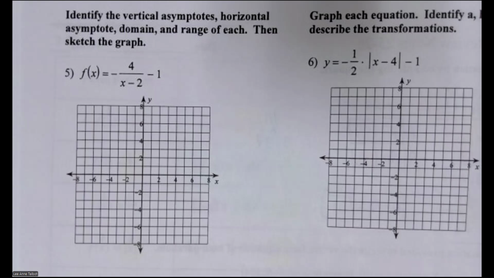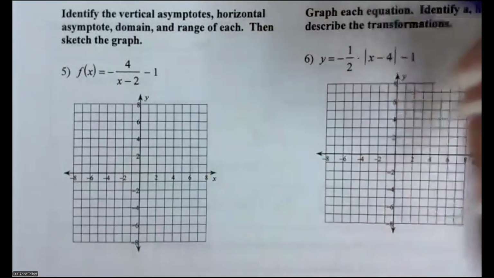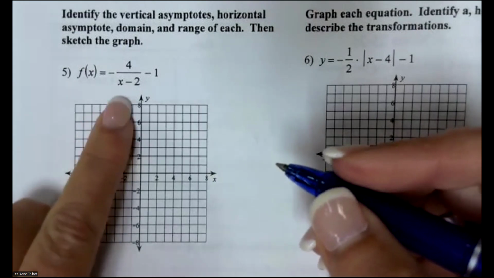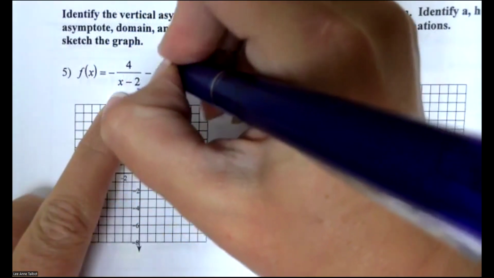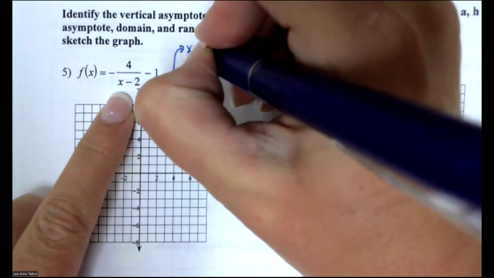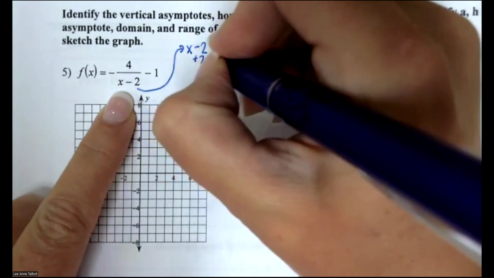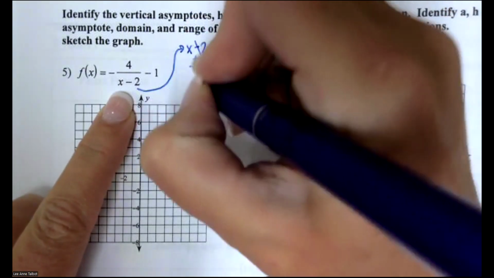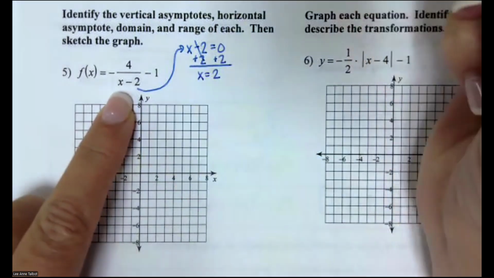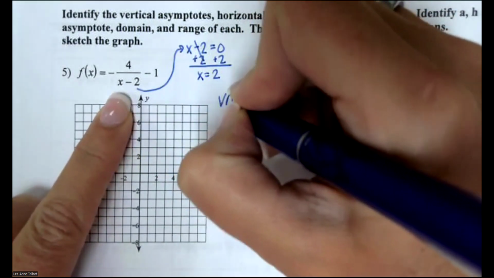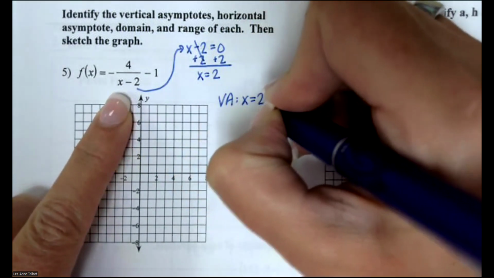It's a fraction. Okay, but we learned this in chapter 1, technically. But anyway, so you go x minus 2 equals 0. Okay, so you have a vertical asymptote at x equals 2.